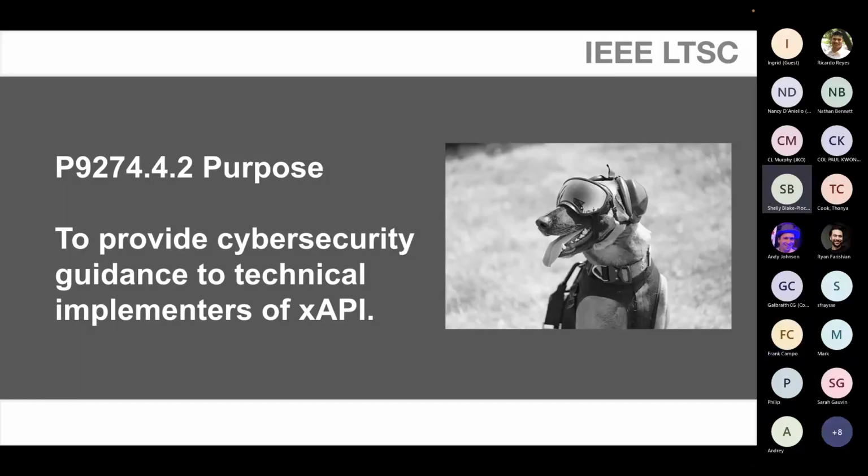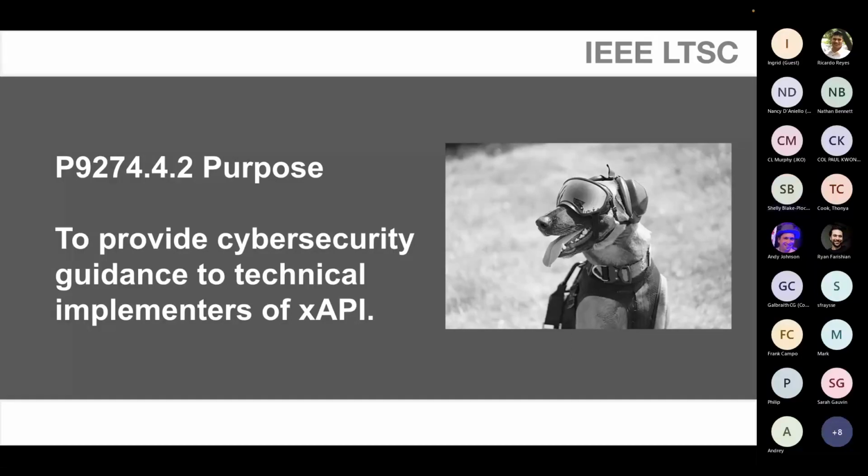The document that we're building itself is organized into 5 sections. The first being about the scope and purpose, the second being normative references, for example, references to other IEEE standards. The third provides our own definitions around xAPI cybersecurity.